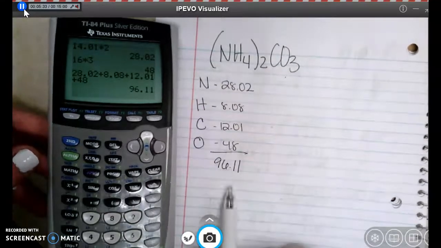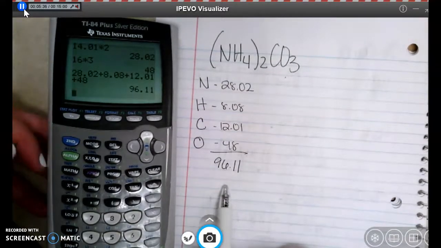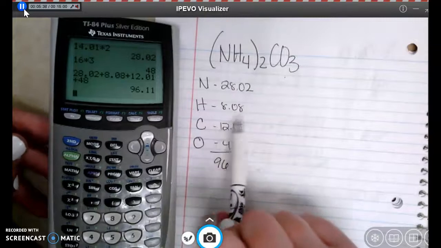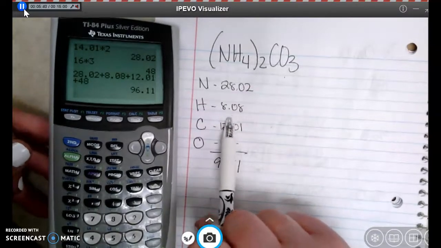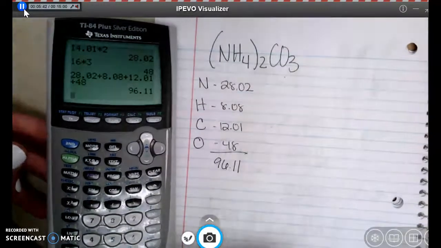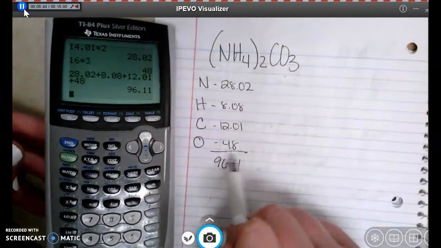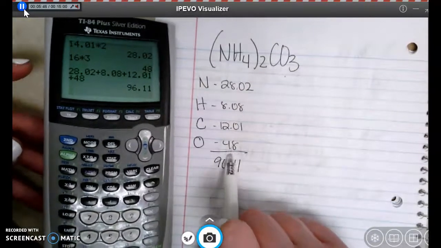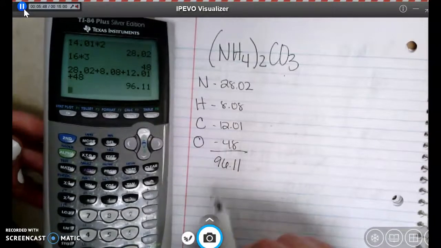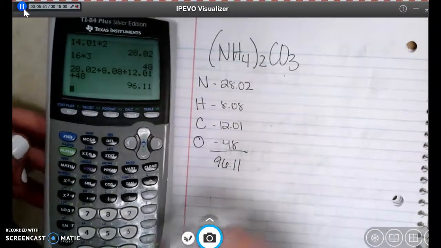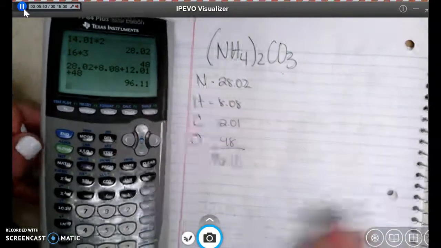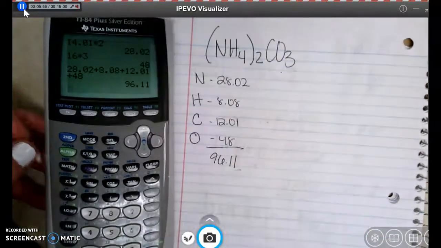When you're doing these, sig figs are important. We're using 3 here because our original 1.01 only has 3 sig figs, and 2 here because our original only has 2. But you can be a little looser with the sig figs here because we're looking at percentages, so it should all shuffle out in the end. So this is our total mass.